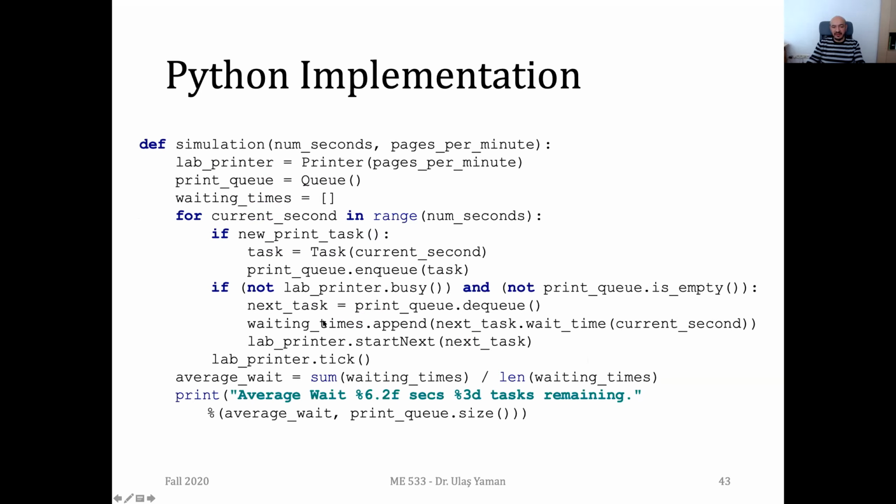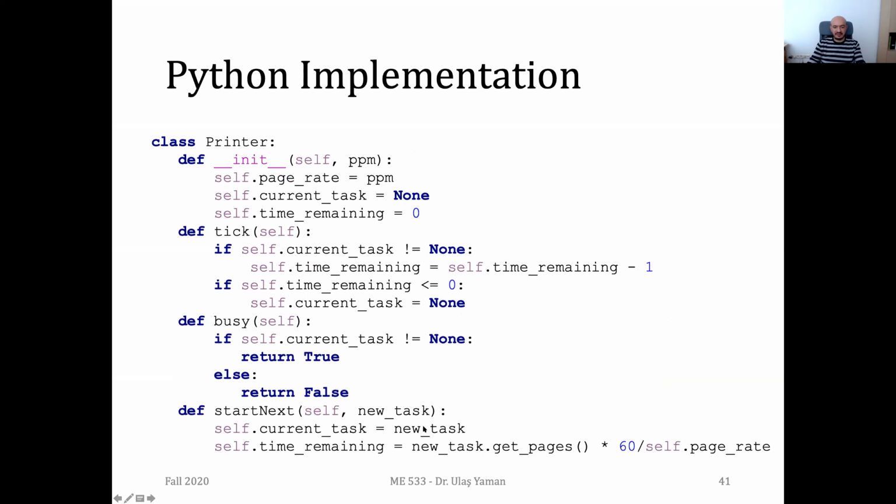We calculate the waiting time, store it in the waiting times list, and then we send the task to the printer. As you see, we start the printing task with the help of this start next operation.